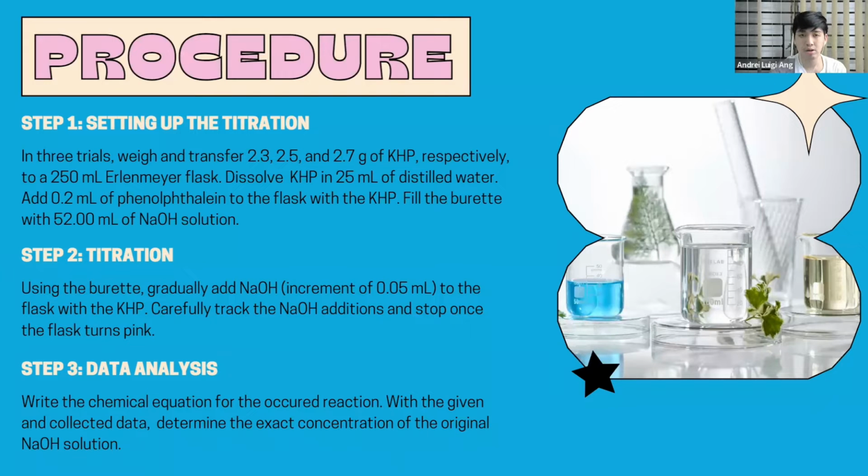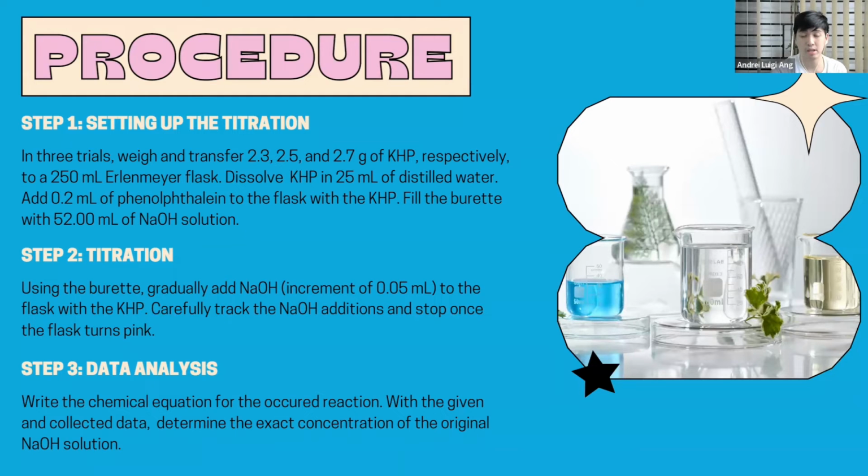To start, we performed 3 trials as well as weighed and transferred 2.3, 2.5, and 2.7 grams of KHP respectively to a 250 ml Erlenmeyer flask. Next, 25 ml of distilled water was poured into the flask in order to dissolve the KHP.